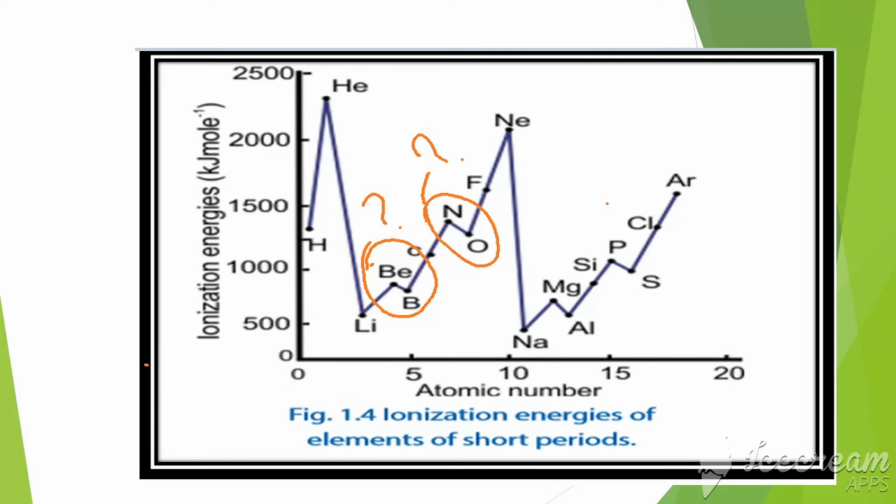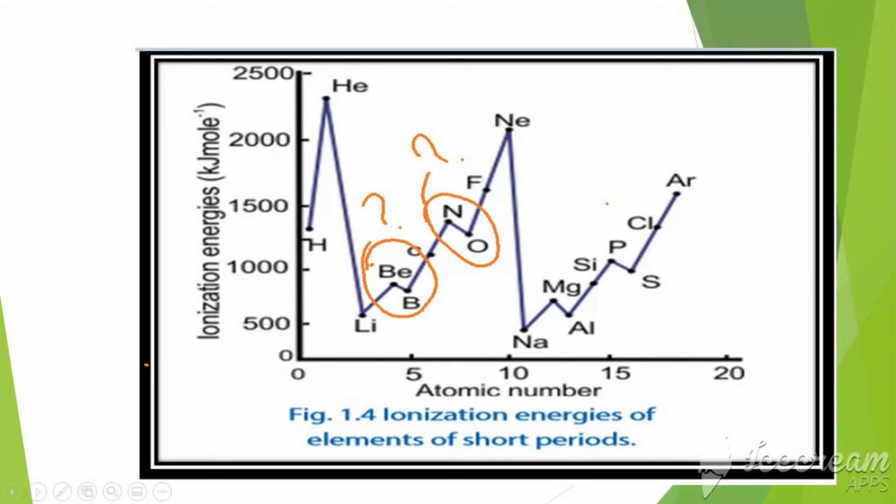P subshell is stable when it is half filled or completely filled. It means if p has 3 or 6 electrons, it is stable, and in 5th group it has stable p orbital that has 3 electrons, half filled subshell.